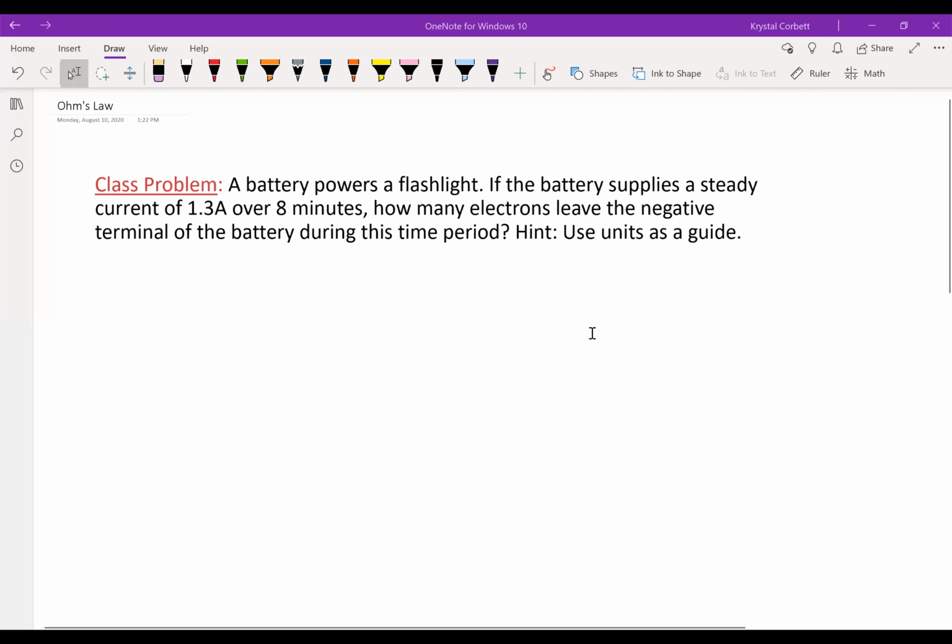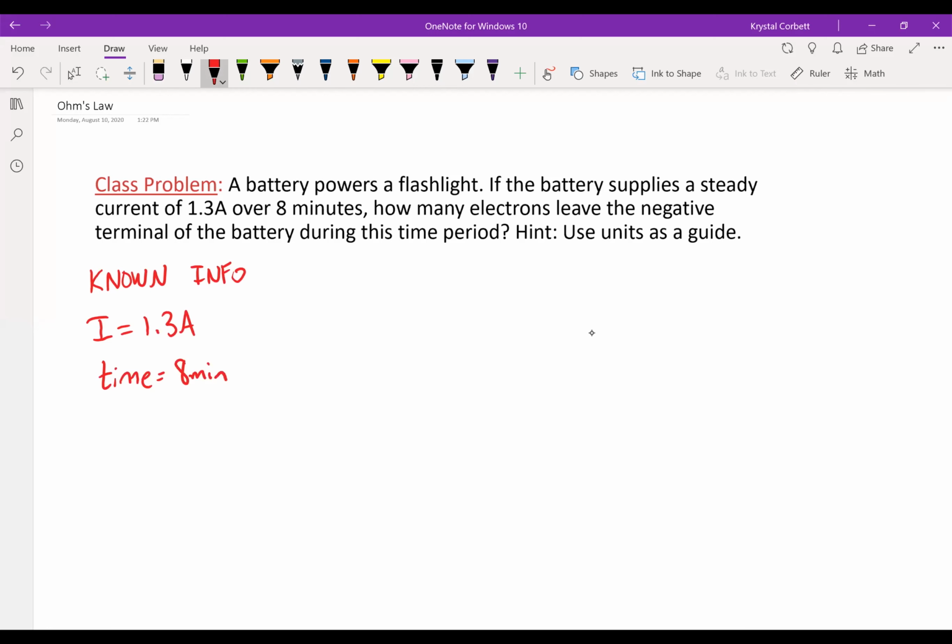Okay, so if we're looking at the battery powering the flashlight, our known info is our current is 1.3 amps. Our time is 8 minutes. And what is our goal? That's our known information.